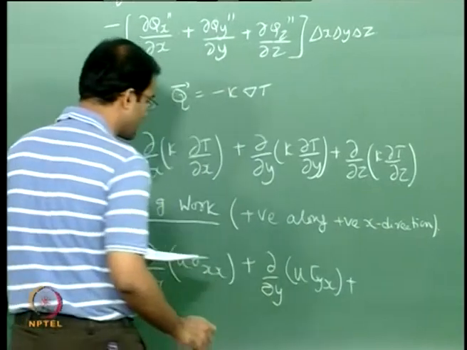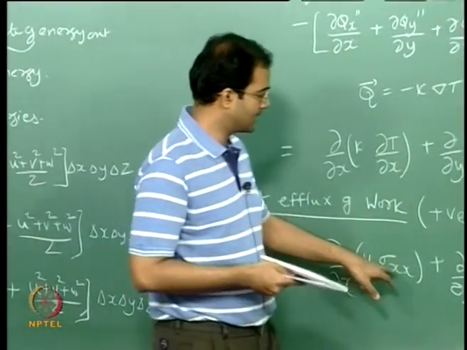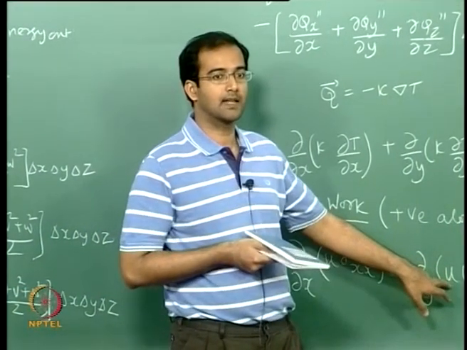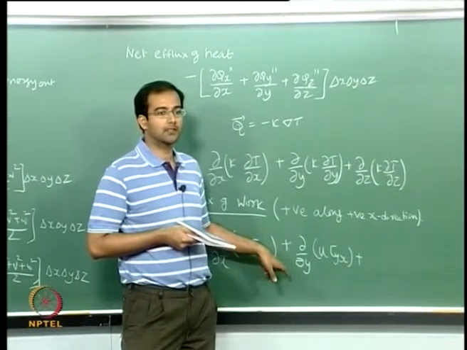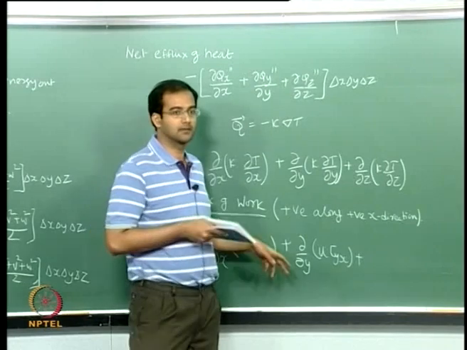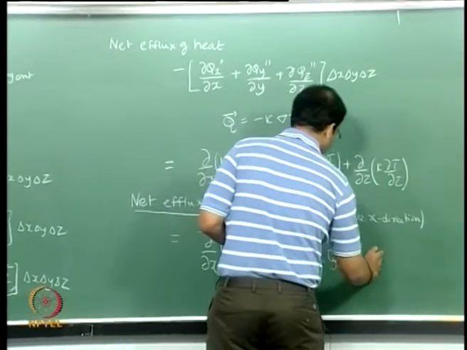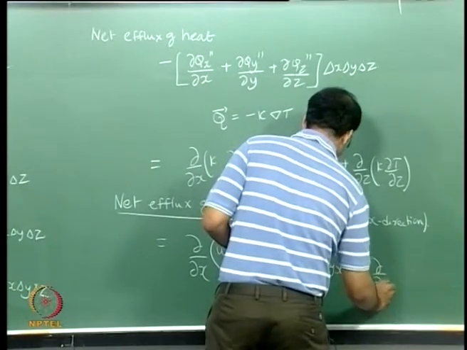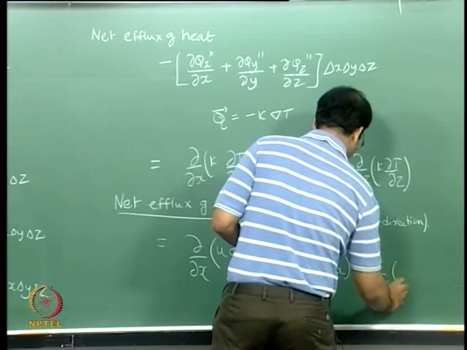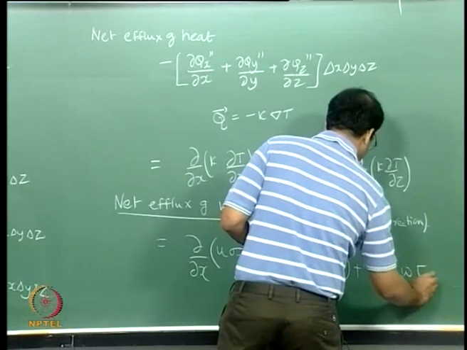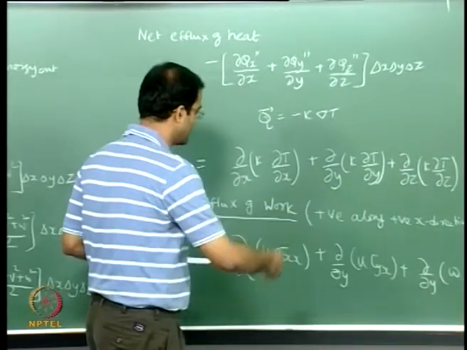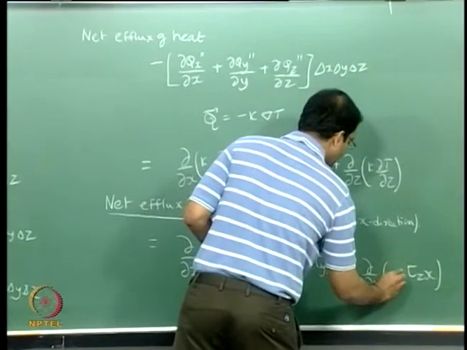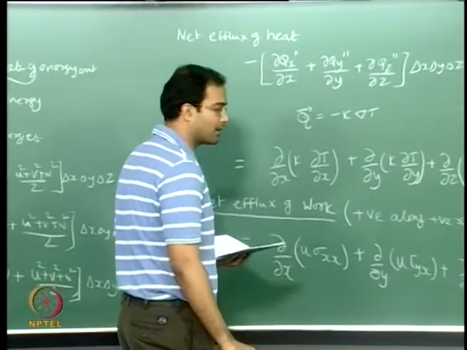So these are the normal viscous stresses and the tangential stresses which are acting along the x direction, multiplied by the corresponding velocity in that direction. This is the net contribution to the efflux of work. So we have w into tau zx. This is in the x direction, so this should be u here. You have to sum them in all the directions.